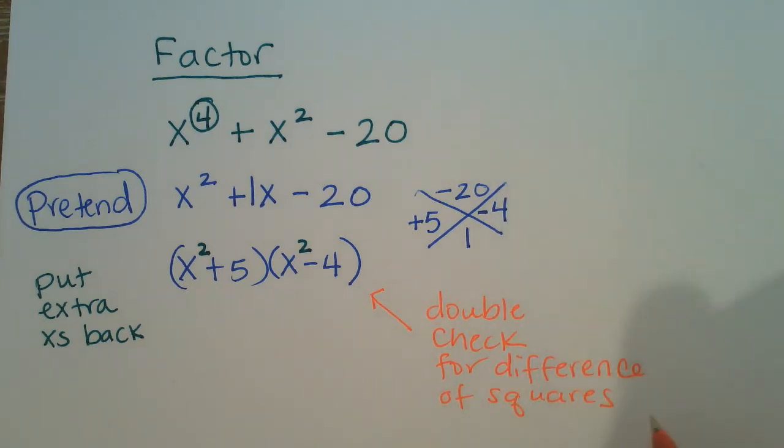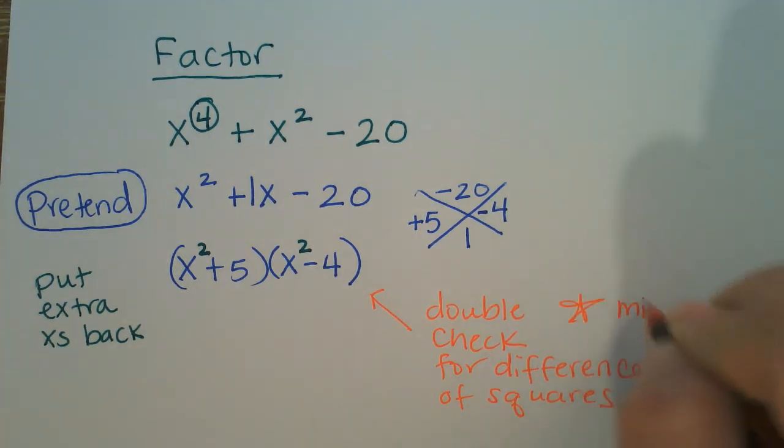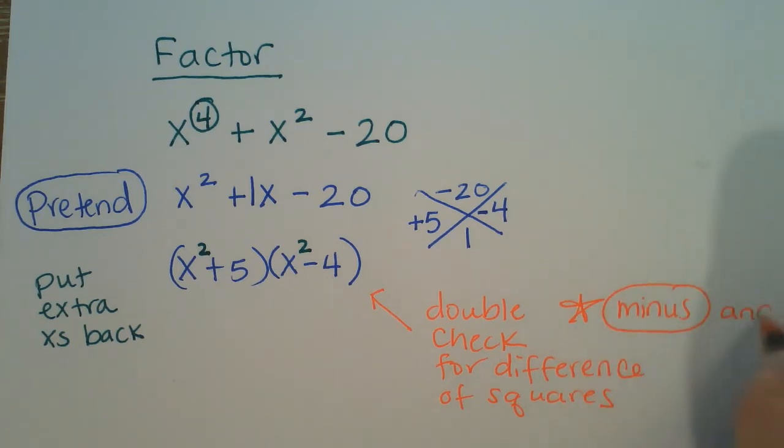So remember, the difference of squares has to have a minus sign and a perfect square number, and we discussed those a little bit ago.